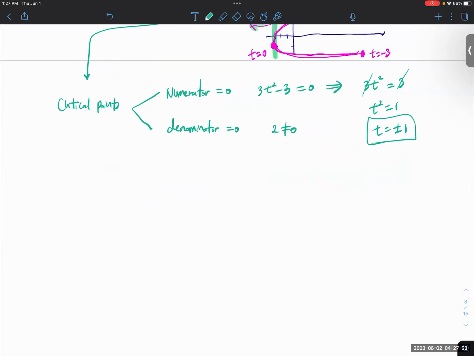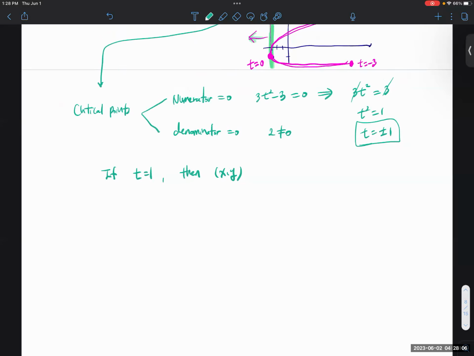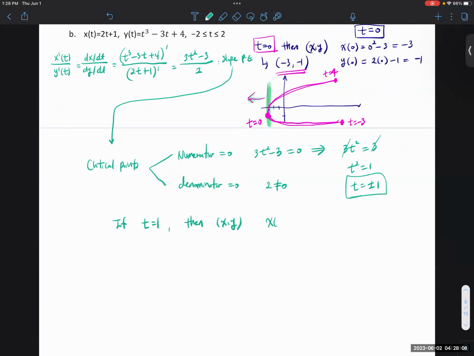So we have two cases. When t equals 1, then x comma y, you're going to plug in, right? So if we're plugging in 1, 1 to the third minus 3 times 1 plus 4. Let me double check.